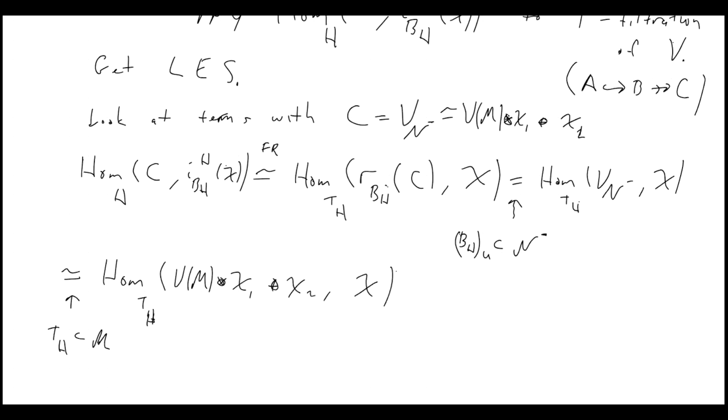Now I've lied a little bit, so let me go back and adjust things. We need some modular character coming from the normalized induction. And so in particular, for this chi prime and chi double prime, we have to multiply by some other character. But the important thing is that this is always going to be 0 when chi is not equal to chi1 prime and chi2 prime.